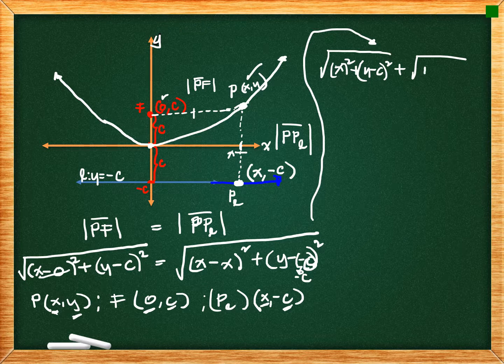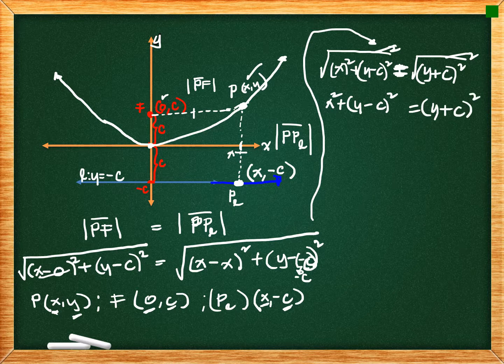And then we have y minus negative c, that becomes y plus c quantity squared. Okay, this is equal. And then we square both sides of the equation. So we remove the radical sign from both sides. So we have x squared plus the quantity y minus c squared equal to the quantity y plus c squared.